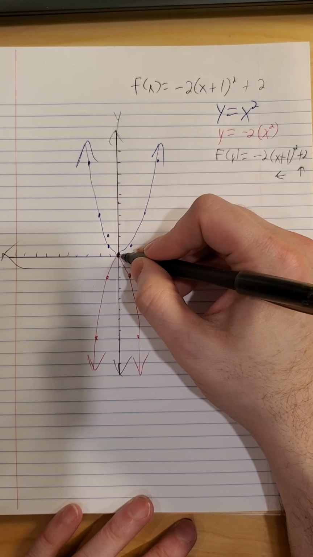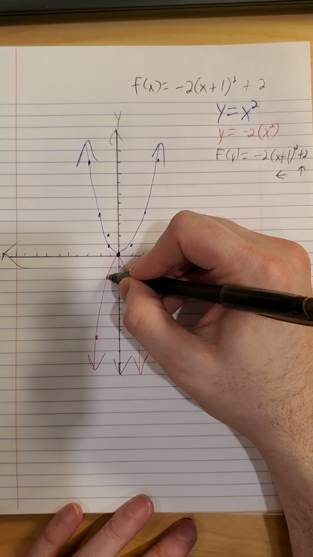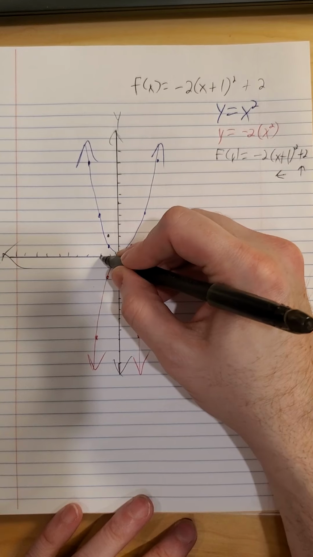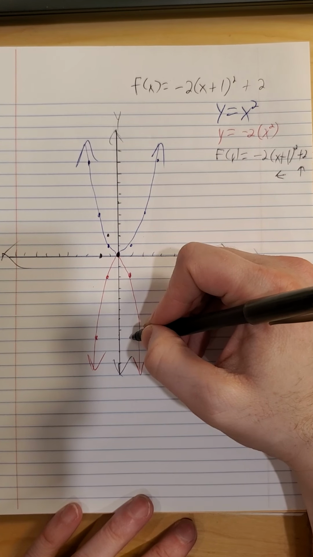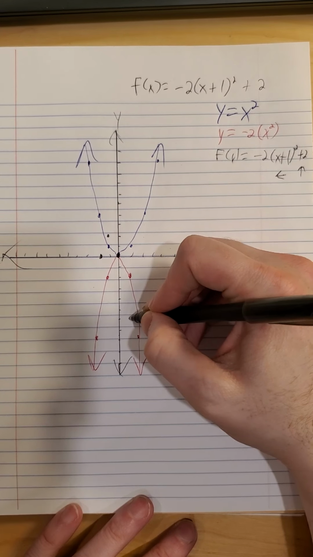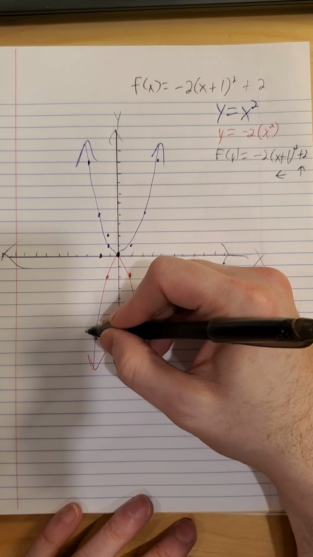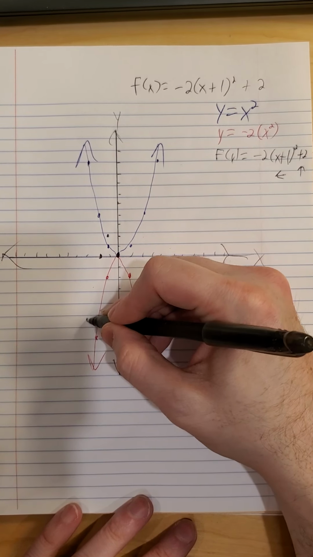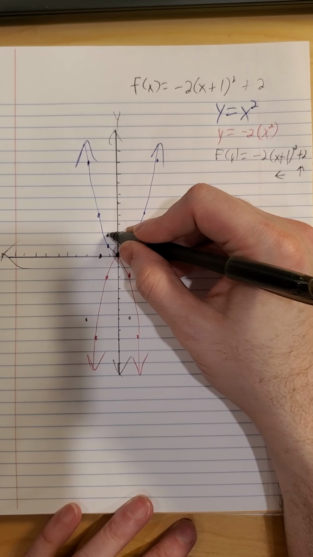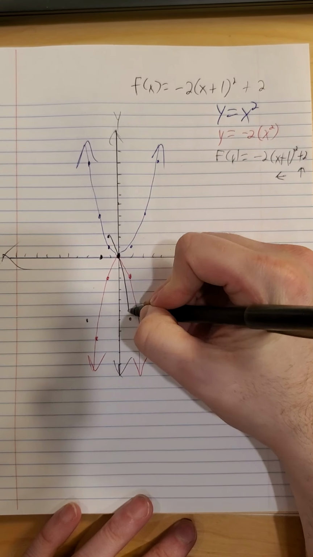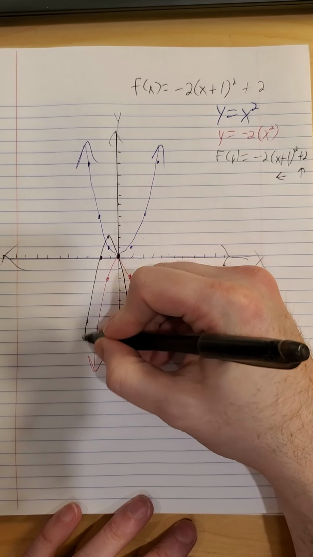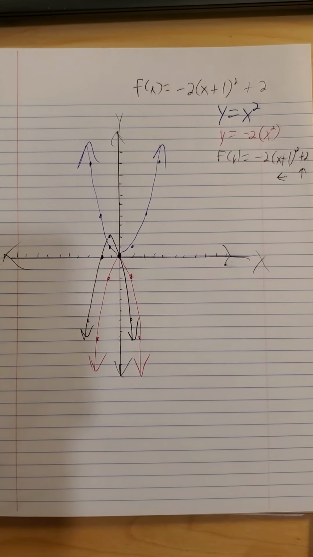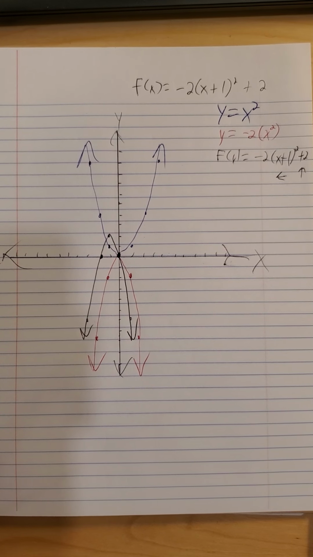Left 1, up 2. Left 1, up 2. Here is our finished product. It's stretched out, and the negative also flipped it over.